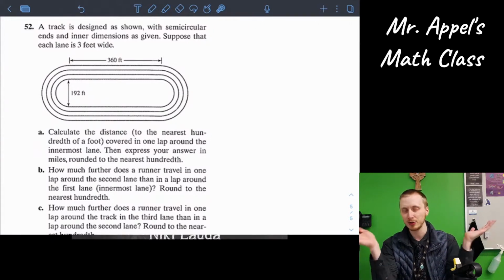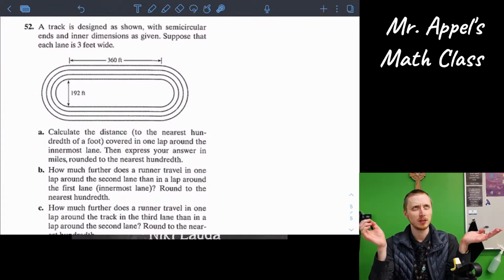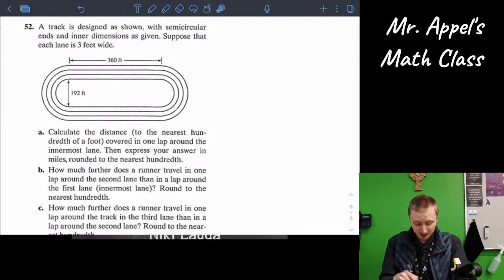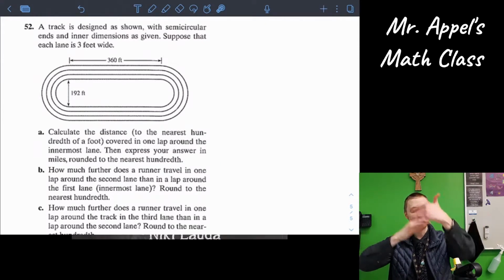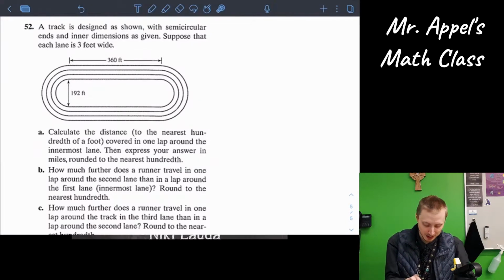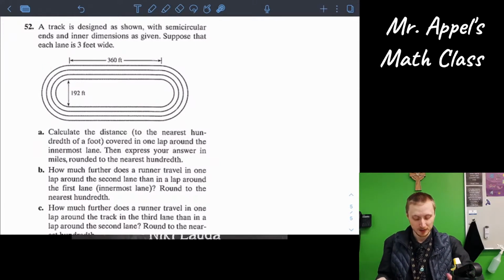The 100-meter dash, or maybe not, is it the 100? You need a long enough one that they actually start looping around the track, right? This is how they calculate how to give the staggered starts, because going around the inside of the track is a smaller, shorter path than going around the outside of the path, right? So you can actually calculate that yourself here, which is kind of neat.